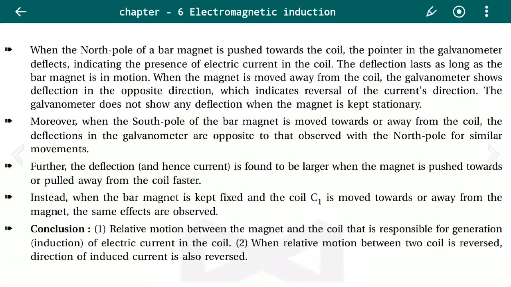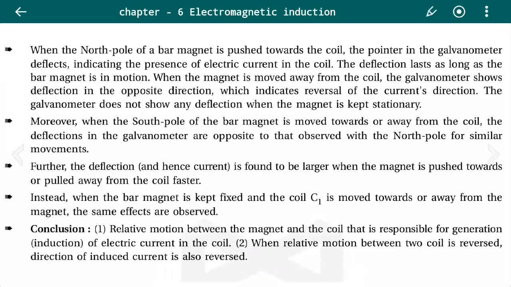That means when we take the south pole near to the coil and when we take the bar magnet facing the south pole away from the coil, then also the galvanometer shows the deflection, but in both cases the direction of the current will be opposite.